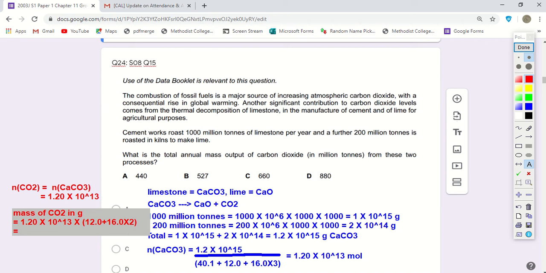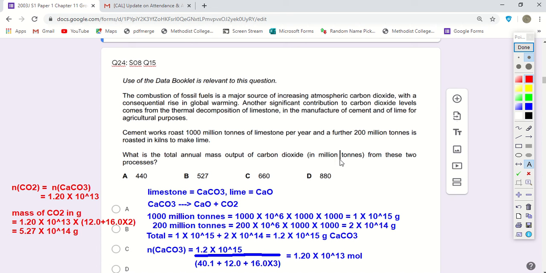Okay, let's look at the answer. It is 5.27 times 10 to the power of 14 gram.